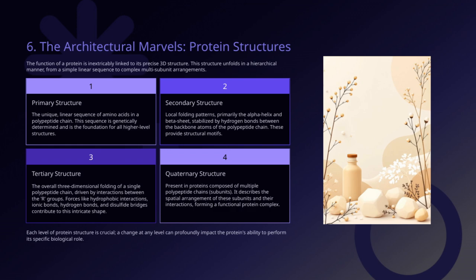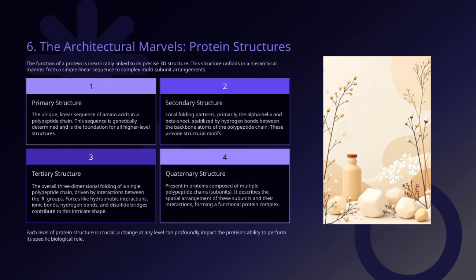And at the very start, we have the primary structure, the unique linear sequence of amino acids. This sequence is genetically encoded and forms the foundation for all the higher-level structures and the protein's final function. Remember, the precise three-dimensional structure of a protein is directly linked to its function.